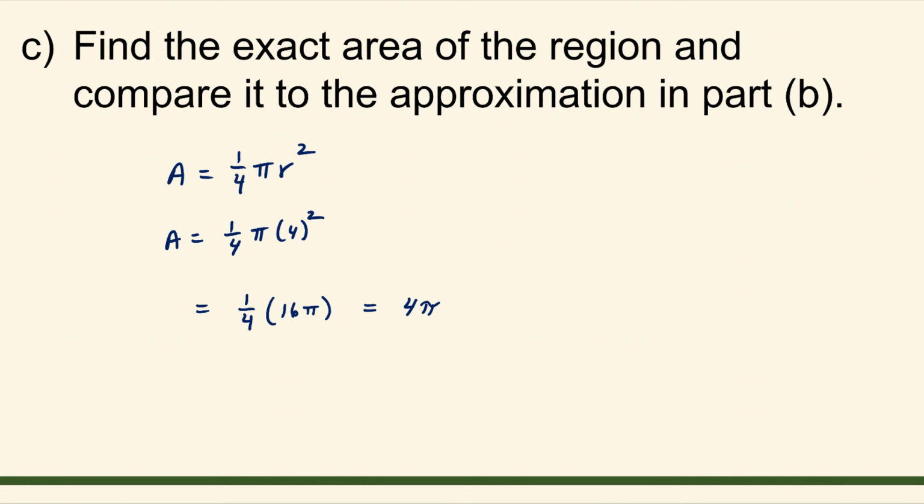Approximating 4 pi to 3 decimal places, 4 pi is approximately equal to 12.566 square units. So our earlier estimation of 13.36 is slightly larger than the true area, 12.566 square units.